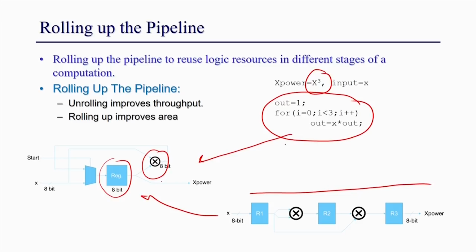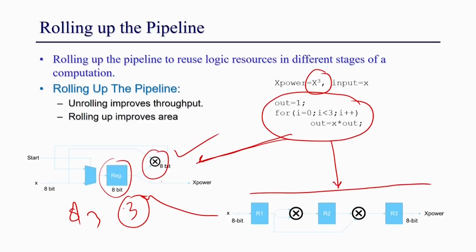So, this is the iterative implementation and this is the pipeline implementation. If your area is a concern, then you should probably take this one, but this will take 3 cycles, because your latency will increase and your throughput will be less, because now you are producing 8 bits in 3 cycles. So, it will be 8 by 3, and your latency is also 3 cycles, because in every 3 cycles you are producing one output.